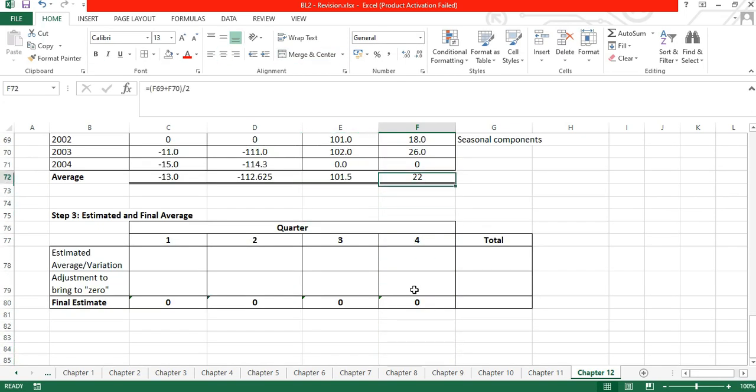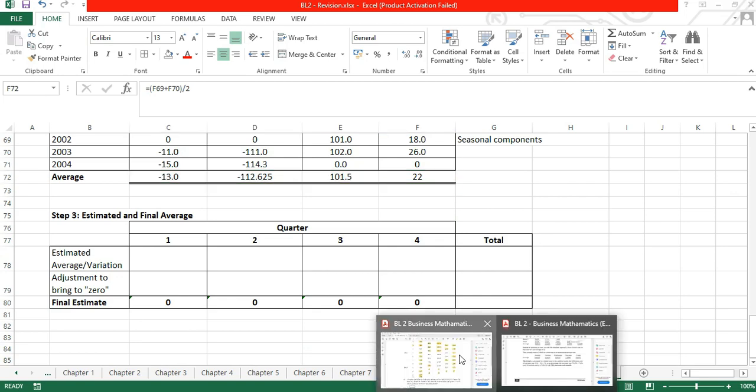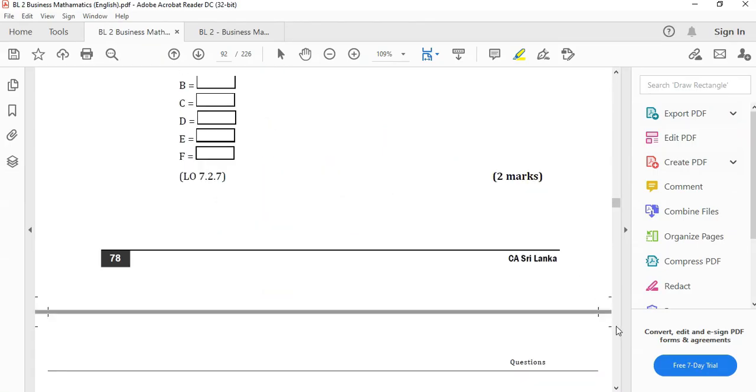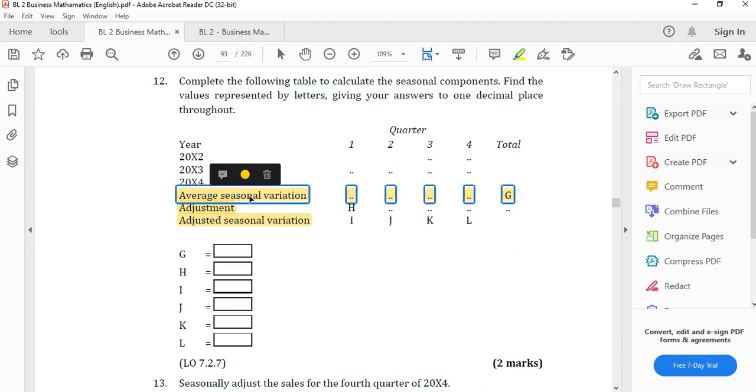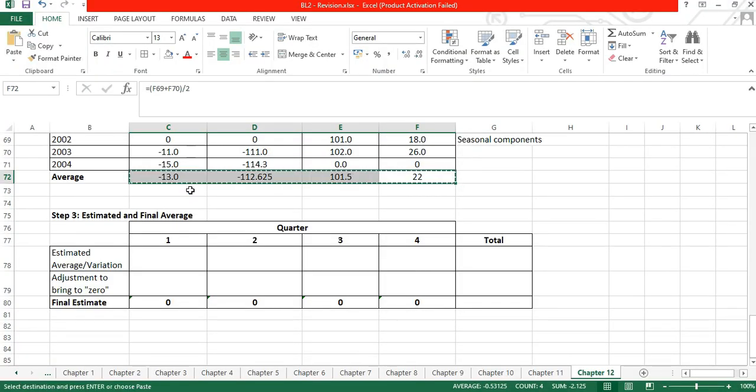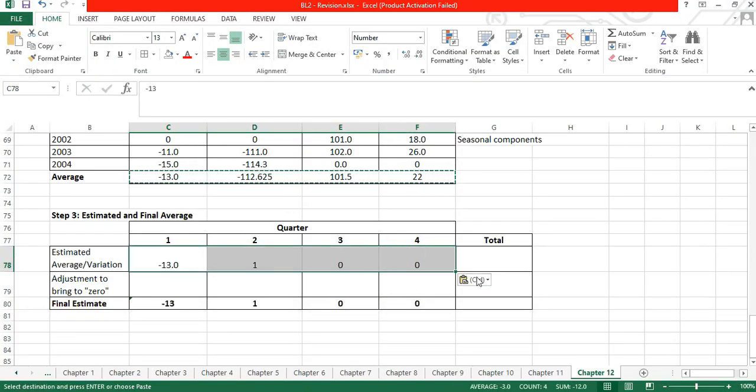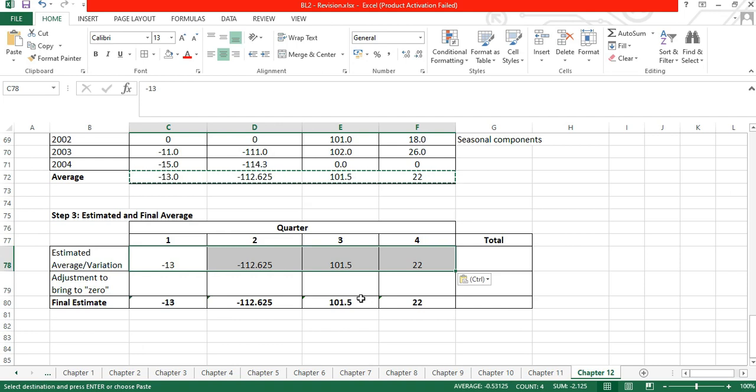Okay, now these averages are equal to what in the question? This average seasonal variation. Alright, that is what it is equal to. So copy this and paste it to your next step, or write it down in your next step.